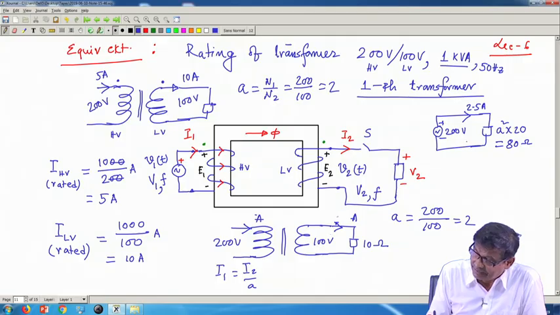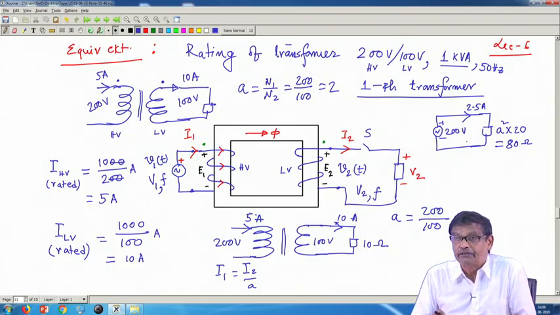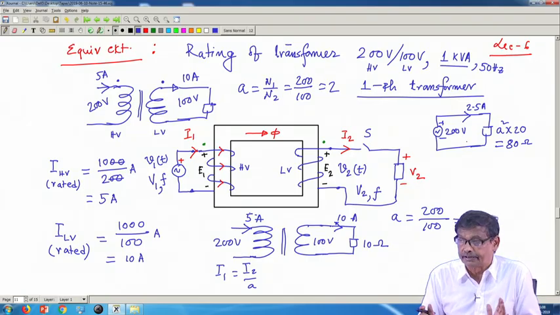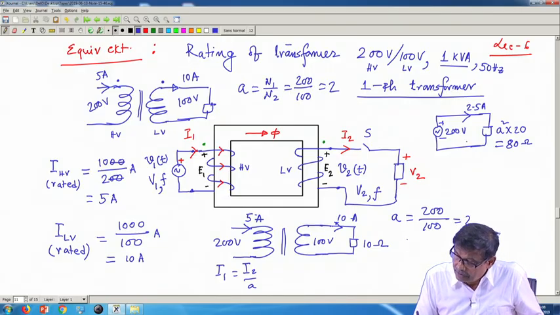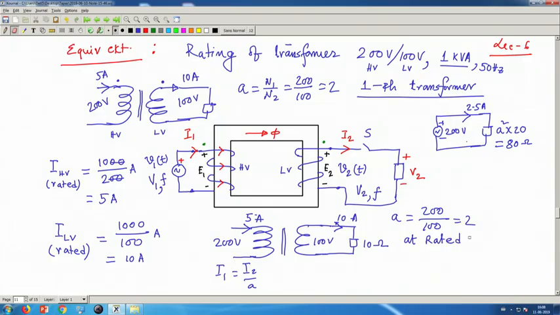Then this current will be 10 ampere rated current, and this current will be 5 ampere, and I will say the transformer is operating at full load condition when the currents are rated. We will discuss much more about loading etc.